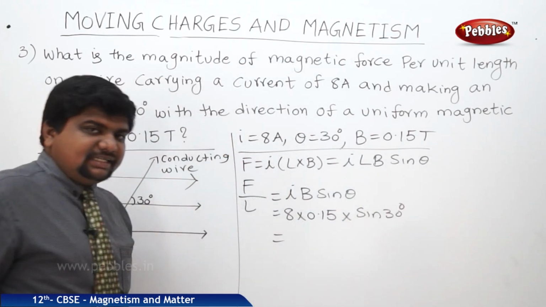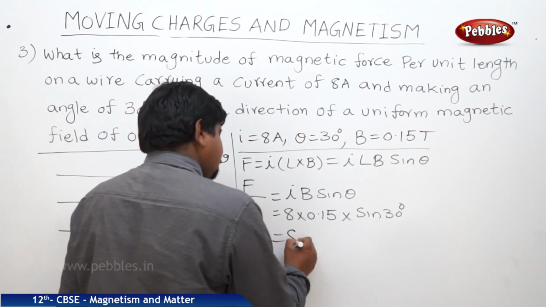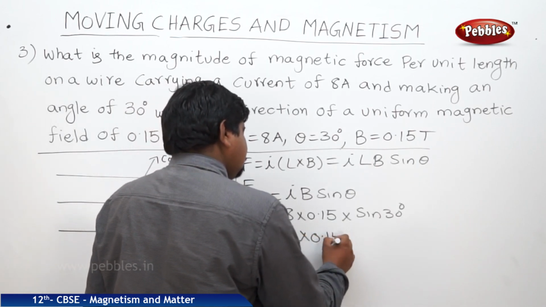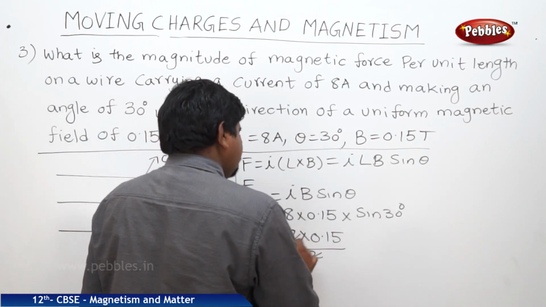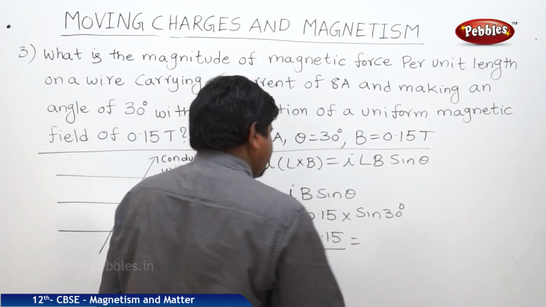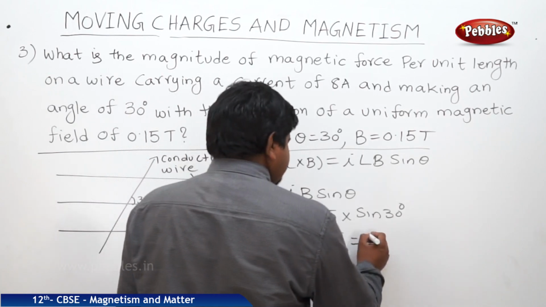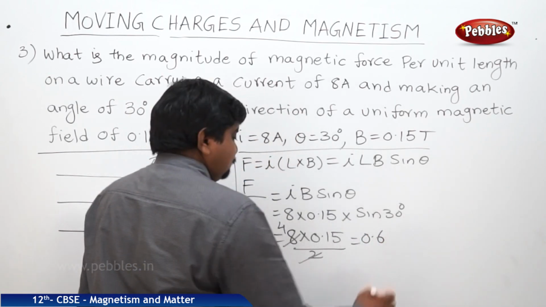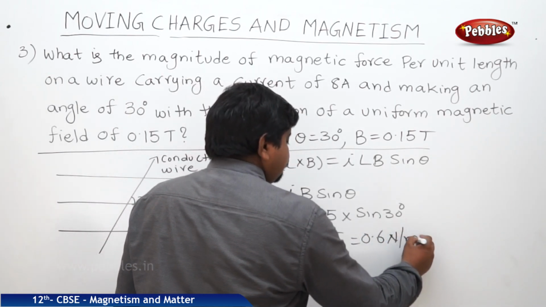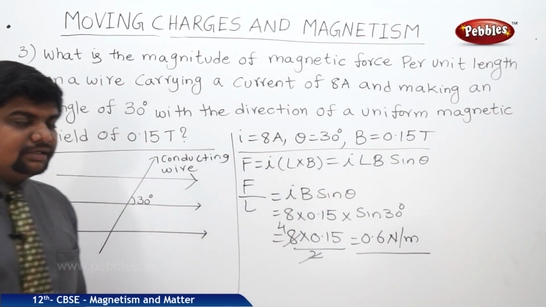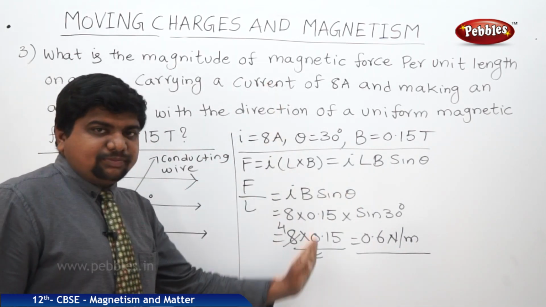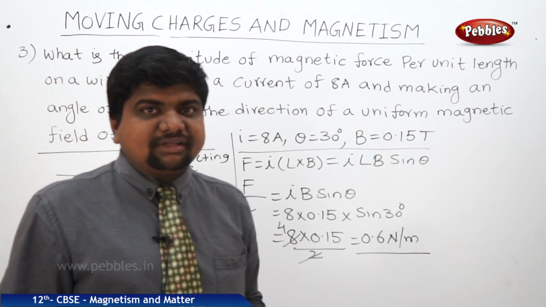We know sin 30 is half. So 8 into 0.15 by 2. 4 into 15 is 60, 60 by 100 is 0.6 Newton per meter. This much is the force per unit length with respect to these dimensions of the conducting wire.